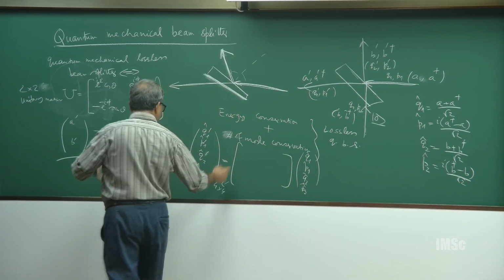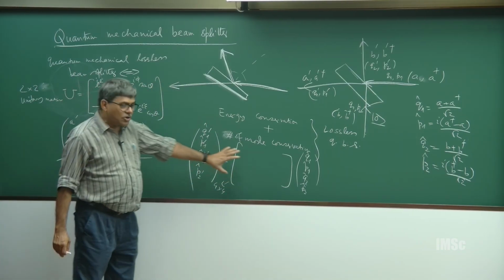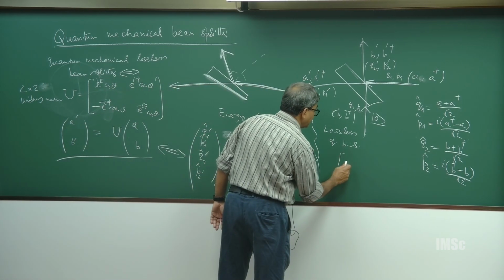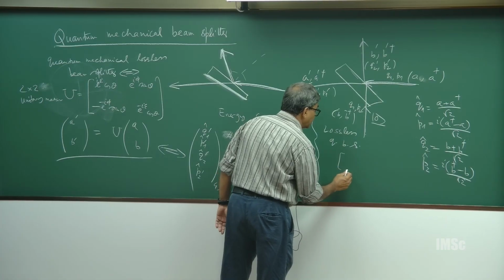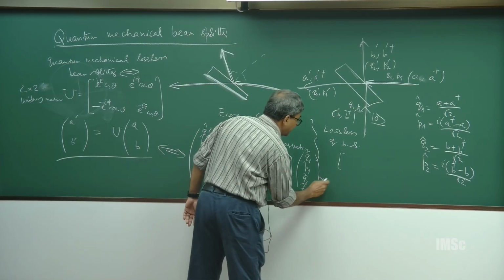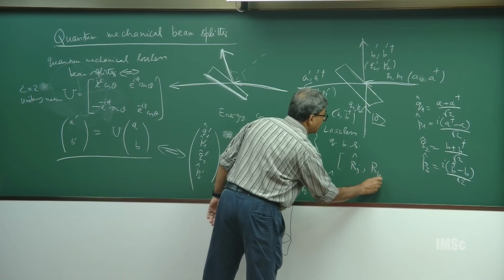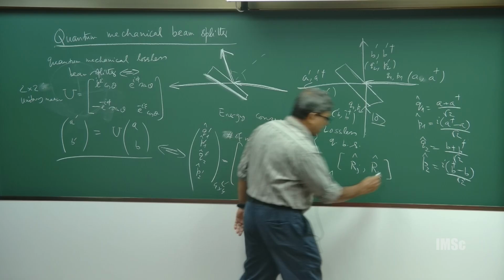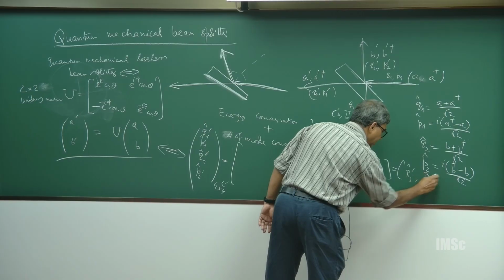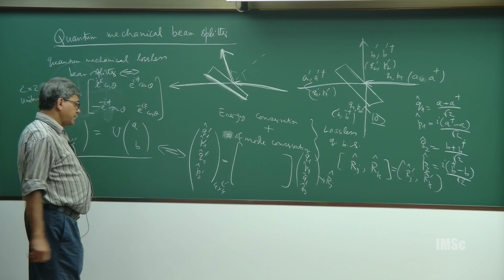So this is an equivalent transformation, only this is a 4 by 4 real matrix, and you can verify that this is a canonical transformation in the sense that all these properties will be satisfied. If I call a typical entry of these R j hat, then R j hat R k hat will be the same as R j prime hat R k prime hat. Okay. So this will be the canonical transformation.